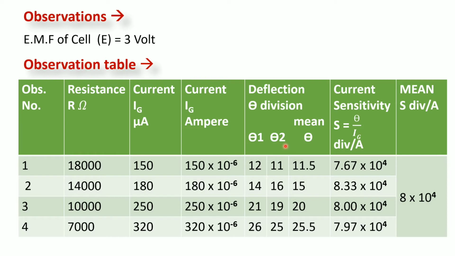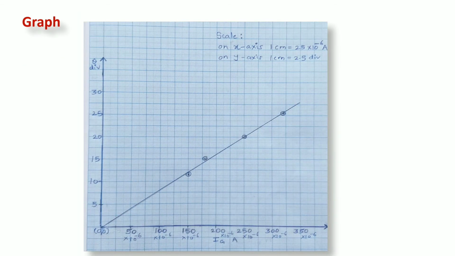Now we'll find out the current sensitivity value by using a graph. We'll plot the graph of theta divisions against current for the measured values of theta and current through the galvanometer. For that purpose we have to choose the scale.